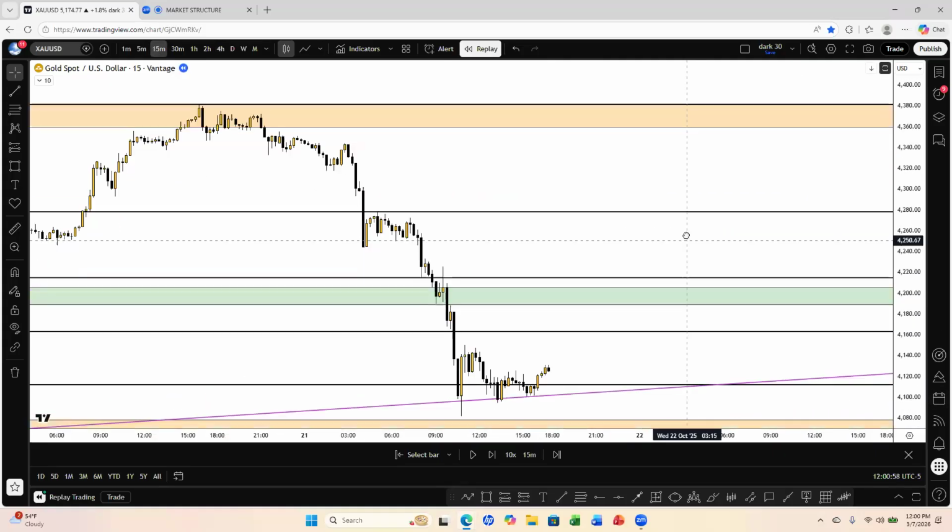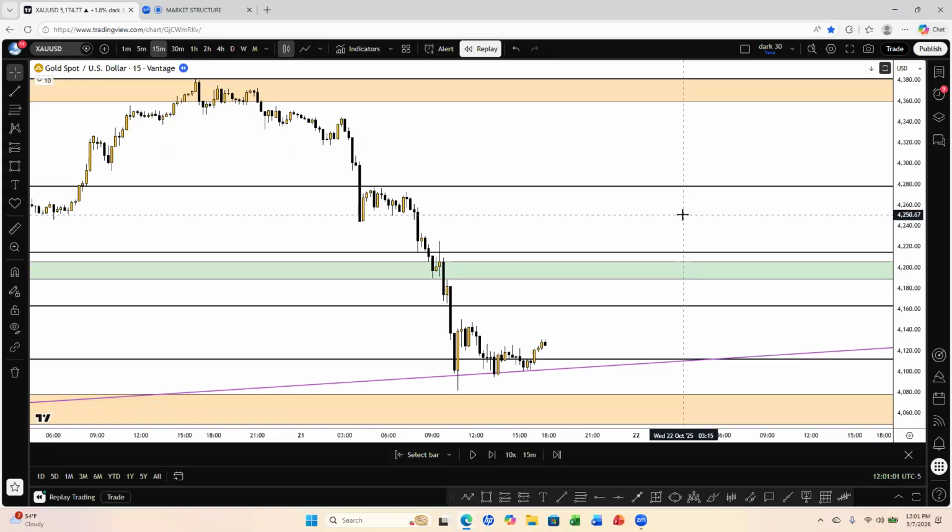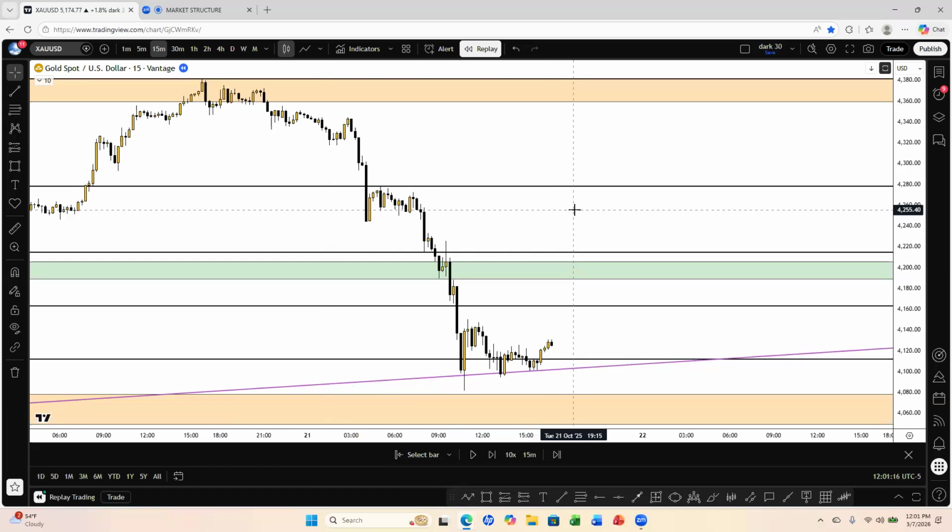But now you saw the 4 hours is in an uptrend, but this 15-minute is in a downtrend. So in order to get that entry to ride this trade back up to the upside, you need the smaller time frames to reverse and go back upward. And in order for the smaller time frames to do that, you have to start seeing higher highs and higher lows forming on the smaller time frame.